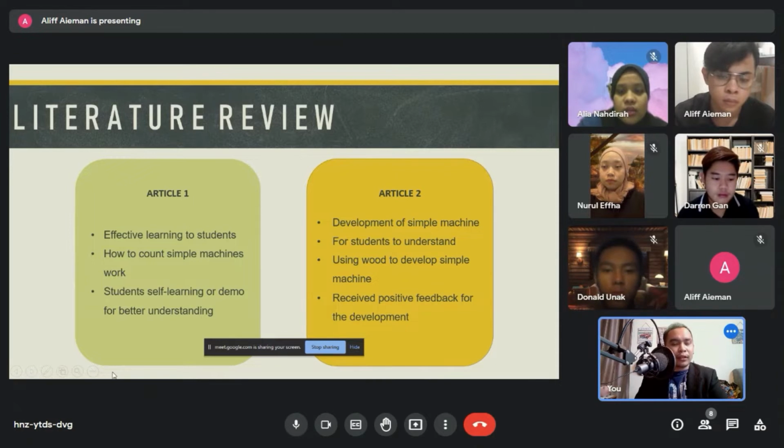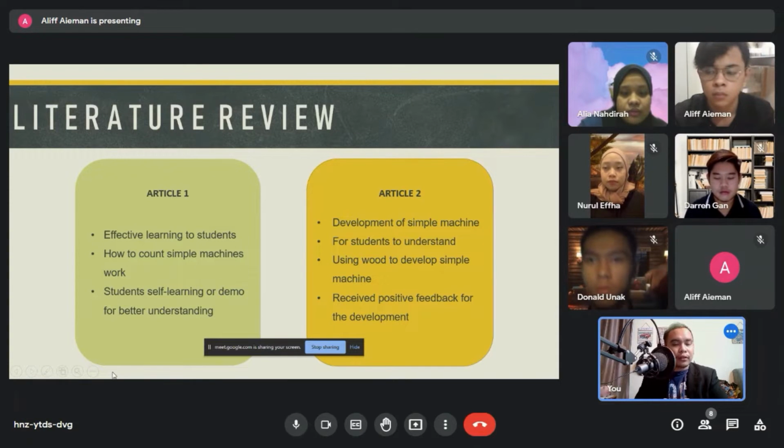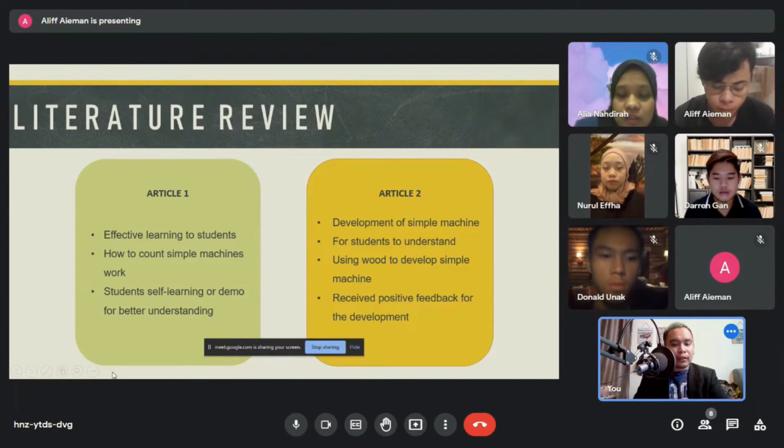Among the simple machines invented were the lever, the pulley, and the inclined plane. The finding of the study made by the author received the best response from the students with a relatively satisfactory evaluation. So that's all for literature reviews.